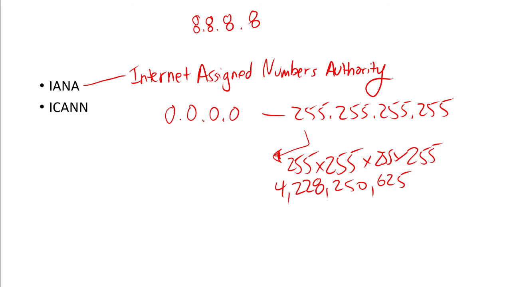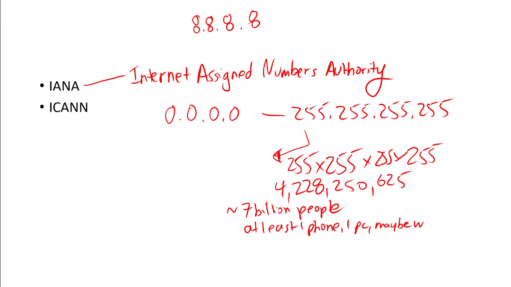And now you think that we have 7 billion people, and everybody's got at least one phone, one PC, maybe a work phone, plus surveillance cameras and doorbells and etc. So this doesn't seem like a lot.